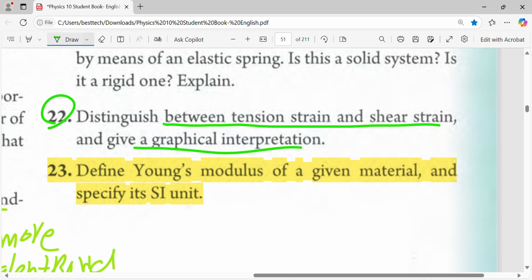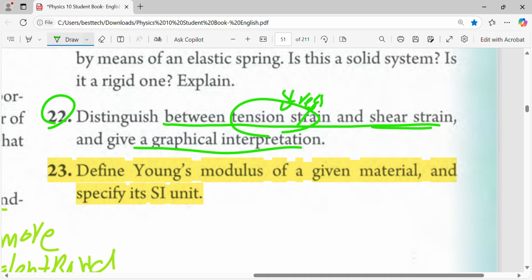Anyway, in general the difference between tension stress and shear stress.